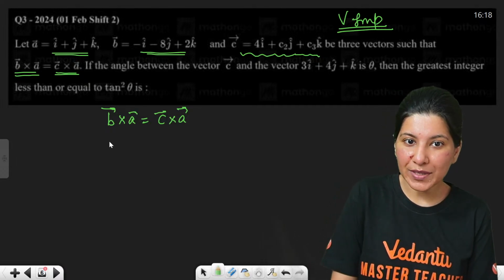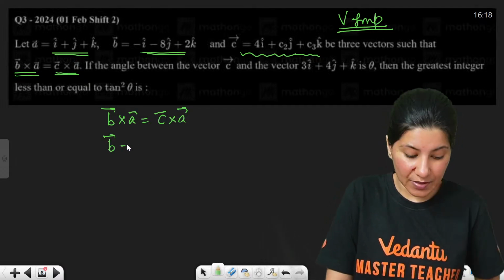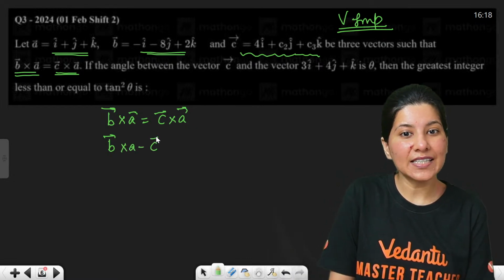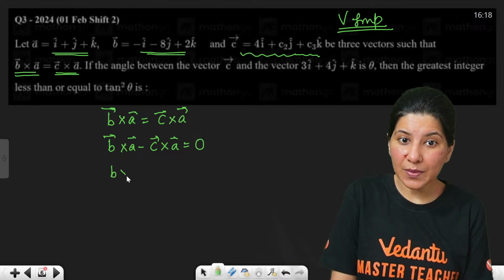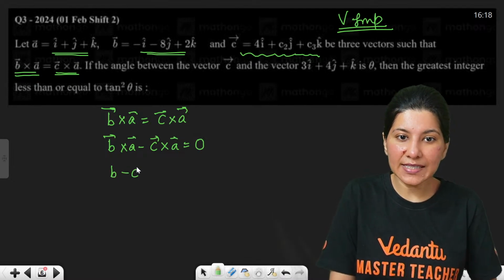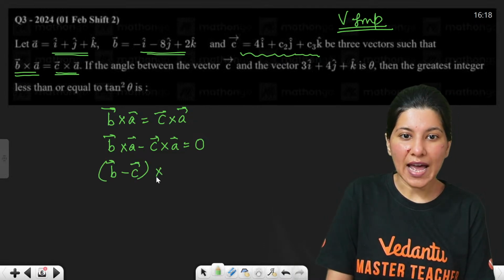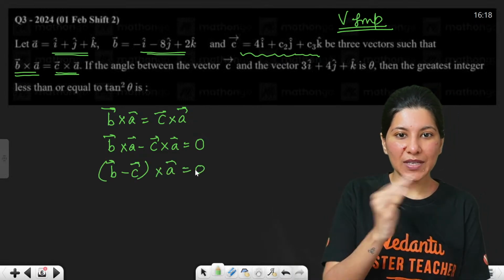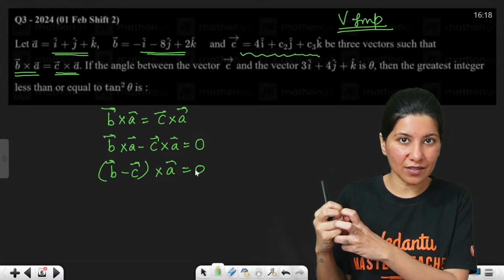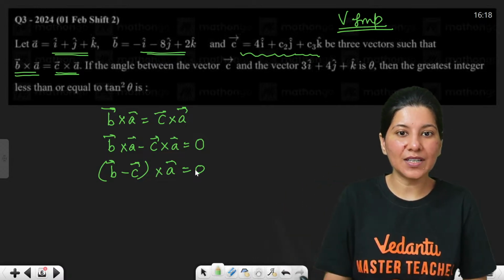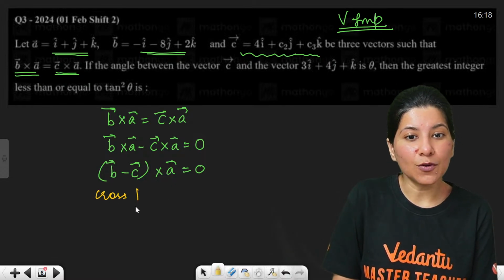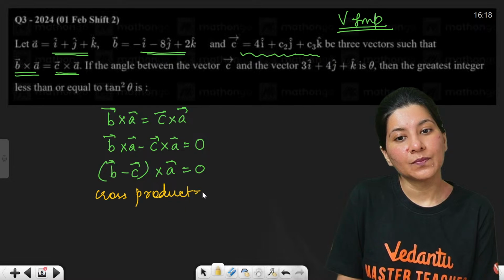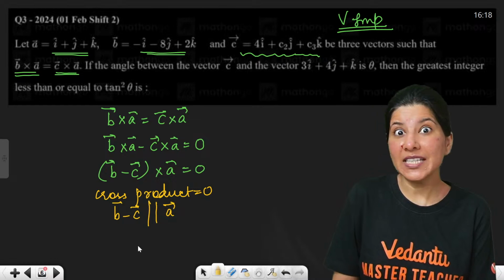The very first step to solve this equation is B cross A minus C cross A. Now take B minus C common, and I have removed A and kept it outside the bracket. Now you tell me, cross product is 0 means what? Vectors are parallel.